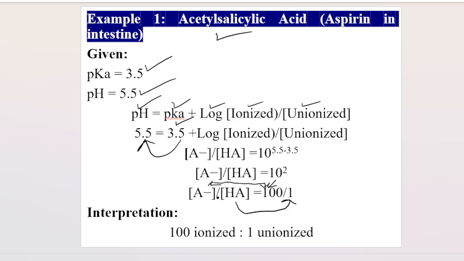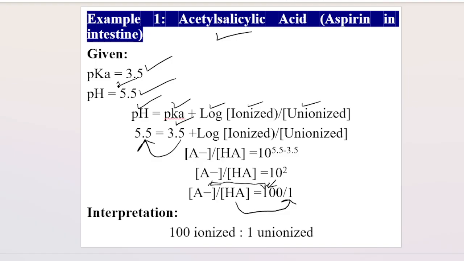If there are 101 molecules, 100 molecules will be ionized and only one molecule will be in unionized form. So basically what does it mean? It means that if we increase the pH, the ionized form of aspirin will be increased.